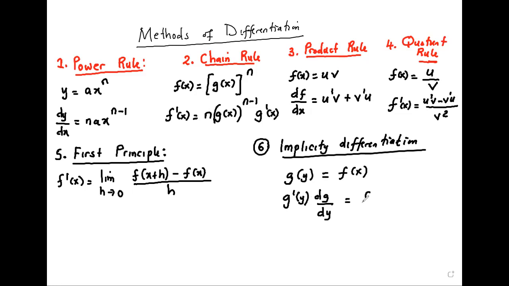And then also the other side is differentiated. Meaning that at the end of it, you're going to have the derivative of y with respect to x equal to f prime of x divided by g prime of y, like that.